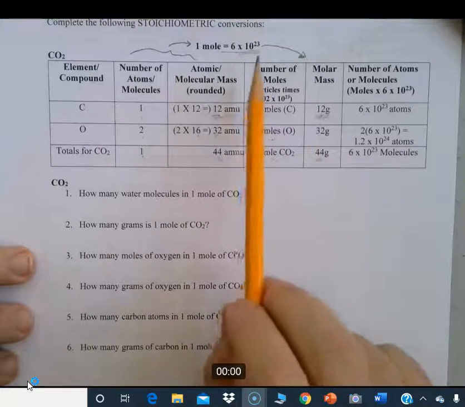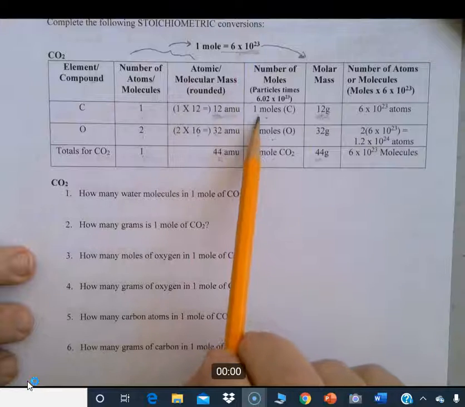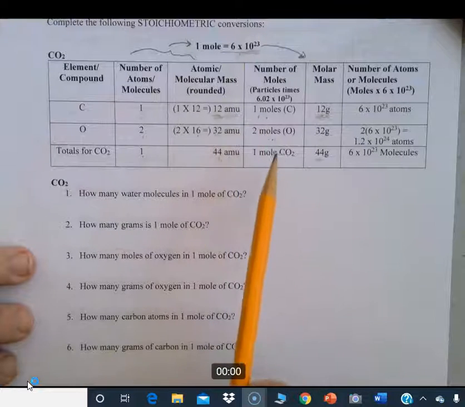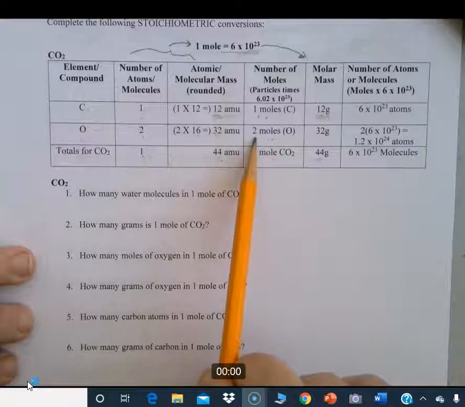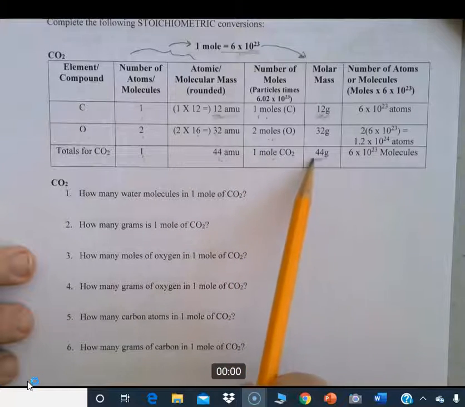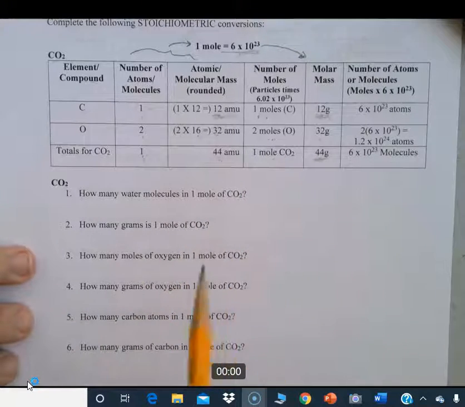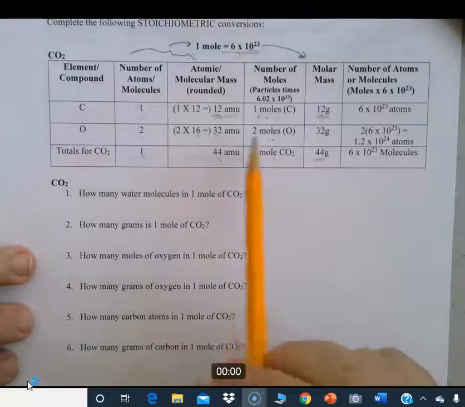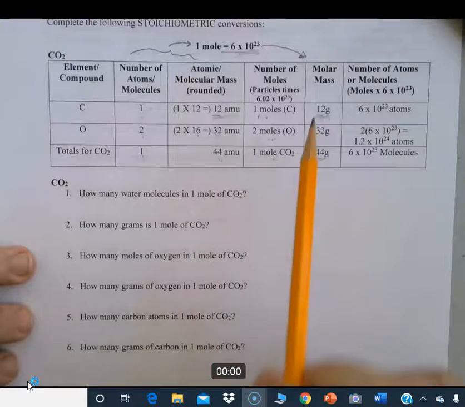It also means I know I have exactly 1 mole of carbon atoms in that carbon dioxide, and 2 moles of oxygen atoms, just by knowing the mass that I can weigh on a scale. And that's how we are able to work with these particles in chemistry, by knowing their masses.